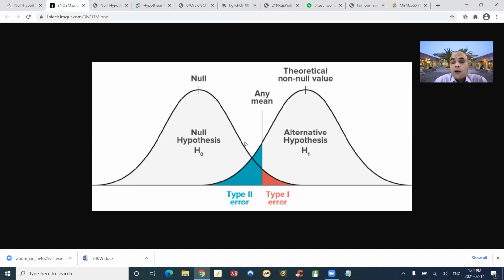They are on the opposite side of the spectrum, but one thing is very clear: the summation of the population of the null hypotheses and the alternative hypotheses is going to be equal to the total population.